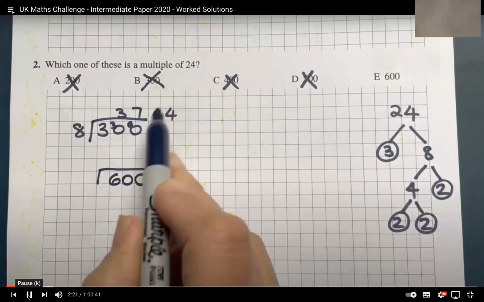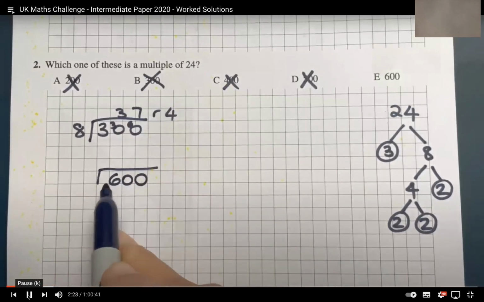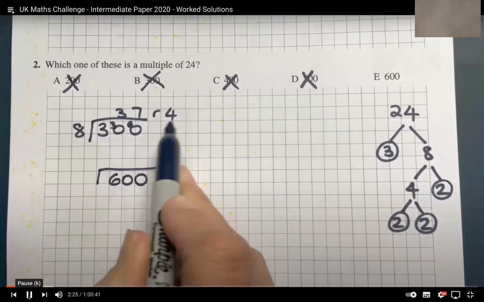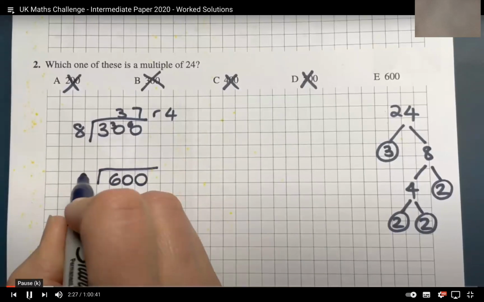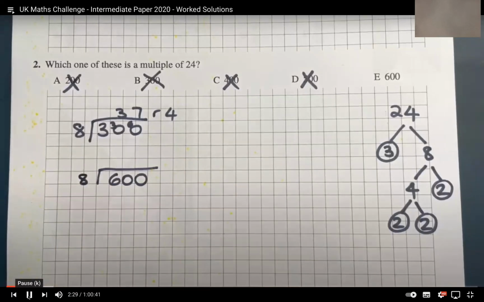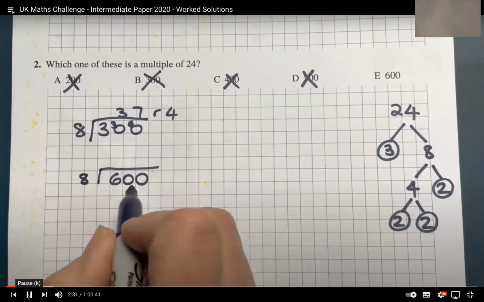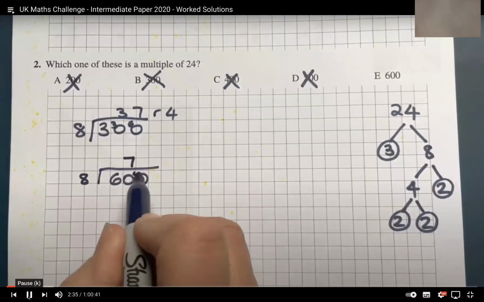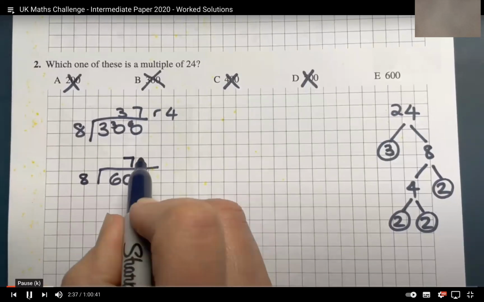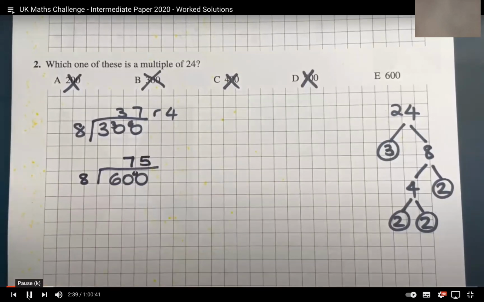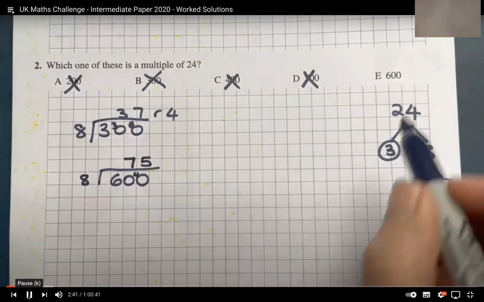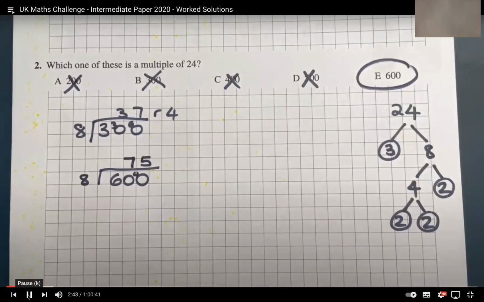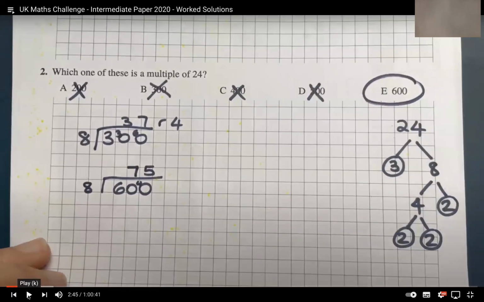I can probably see now if I've got a remainder 4 and I'm doubling my 300 to 600, that would now be a remainder 8. And obviously the number we're dividing by is 8, but let's just double check. Okay, 8 7s are 56, remainder 4, and 8 multiplied by 5 gives us 40. So the answer to question 2 is E.